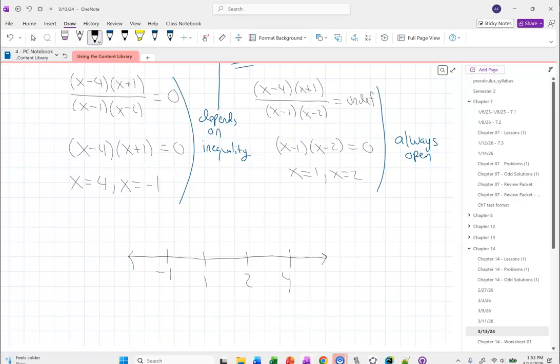Okay, so let's fill things in. At -1, I get open or closed? Closed. At 1, I get open. At 2, I get open. At 4, I get closed.